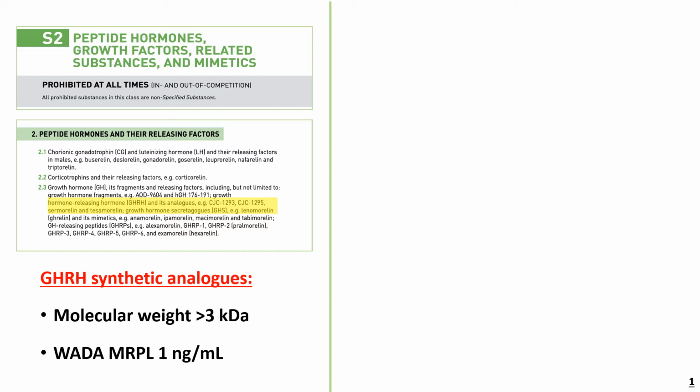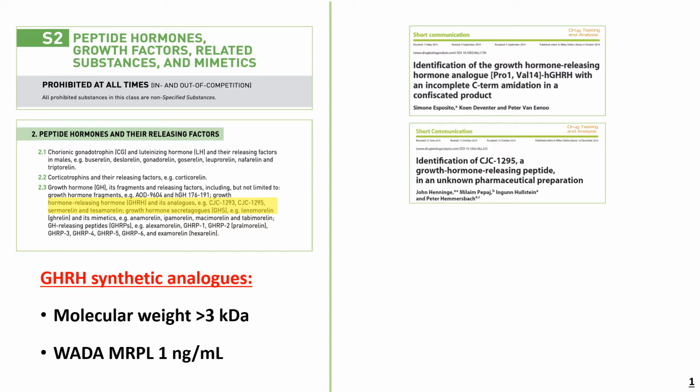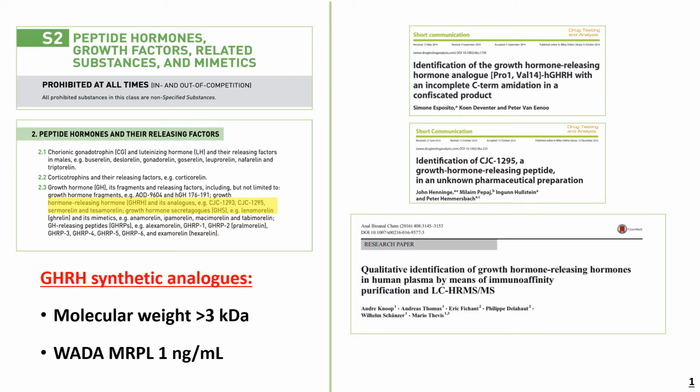So GHRH are certainly available. Indeed, 2 synthetic analogues were identified in seized material by Norwegian and Belgian anti-doping laboratories. Cornell Laboratory developed an approach to detect intact GHRH synthetic analogues and 2 large metabolites in human plasma.